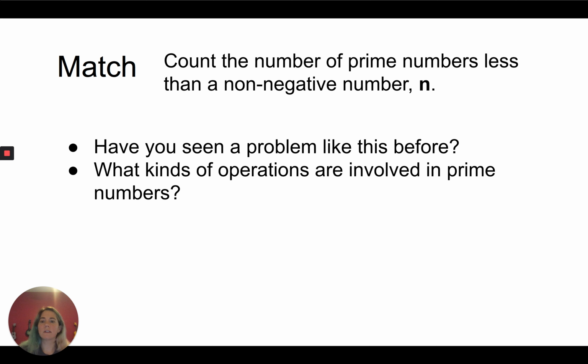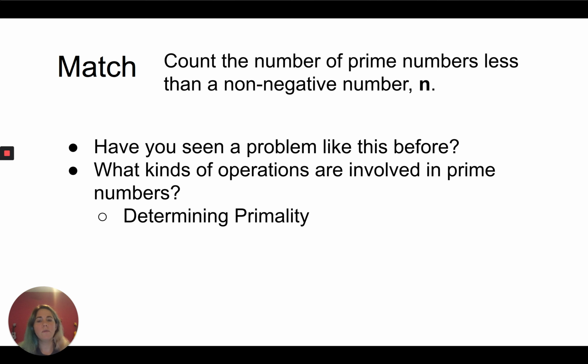So to ask ourselves, how do we identify what the key components of this are so that I can match to other problems? We have to ask, what kind of operations have I dealt with with prime numbers? One of the key operations we have to do is determine whether or not a number is prime.